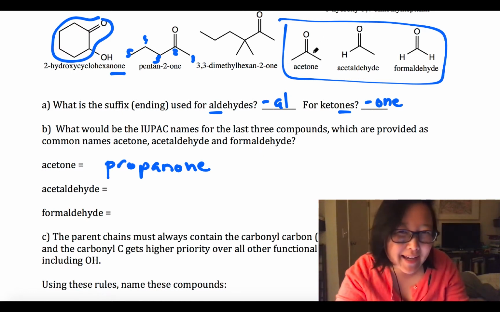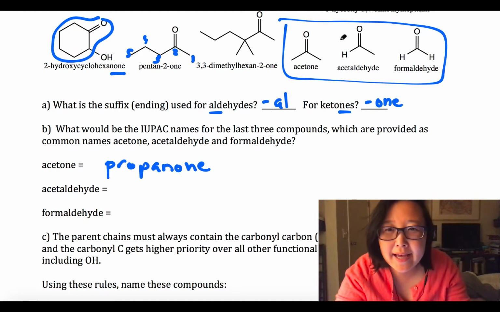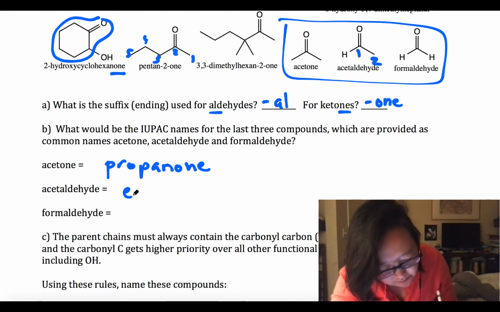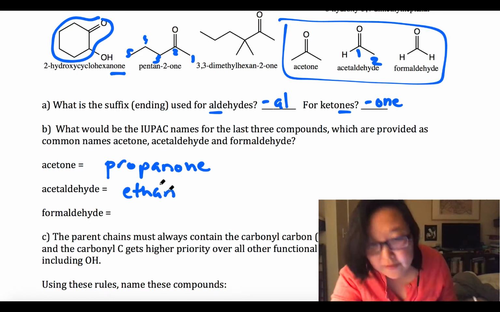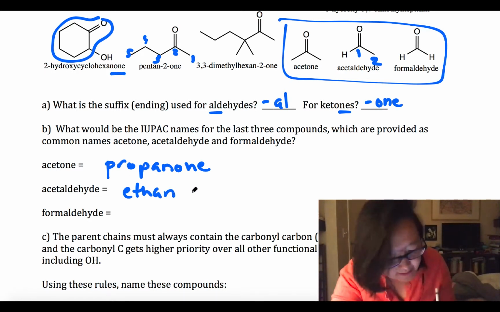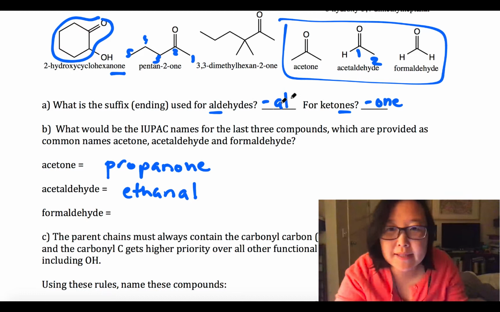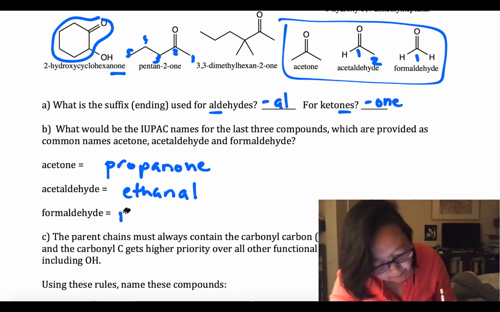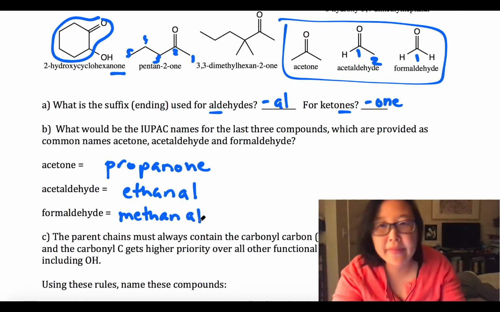Otherwise, it'd be an aldehyde, and you can't have that for a ketone. Acetaldehyde, what would this be called? This is a 2-carbon chain, so this would be ethan, because we have 2 carbons, and then the ending would be al. And we don't need to specify the number because aldehydes are always on the end. Formaldehyde, that's 1 carbon unit, so my prefix is meth, and then al, methanal.